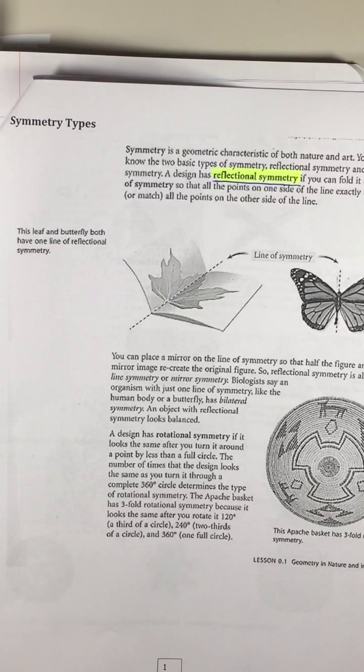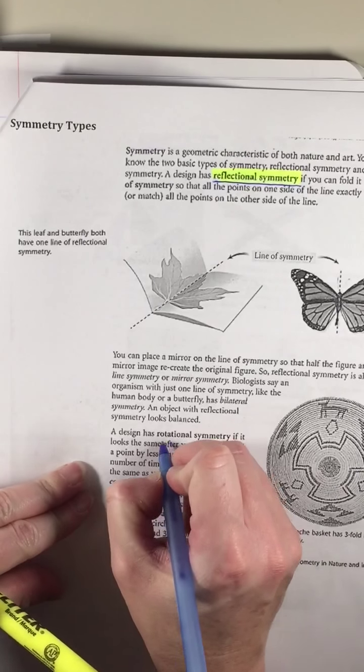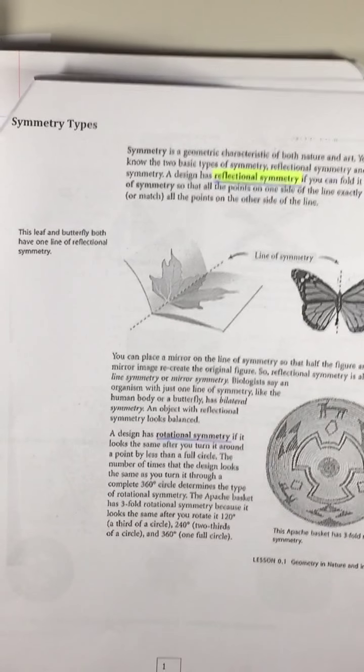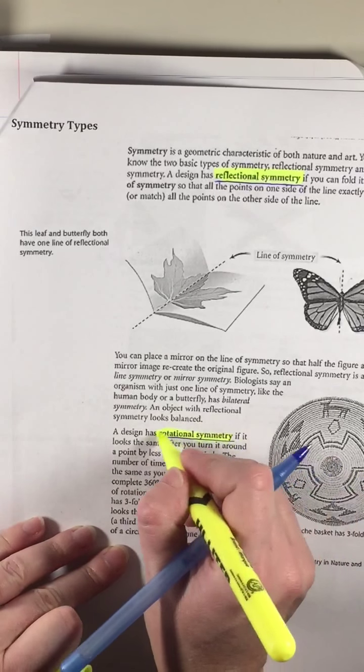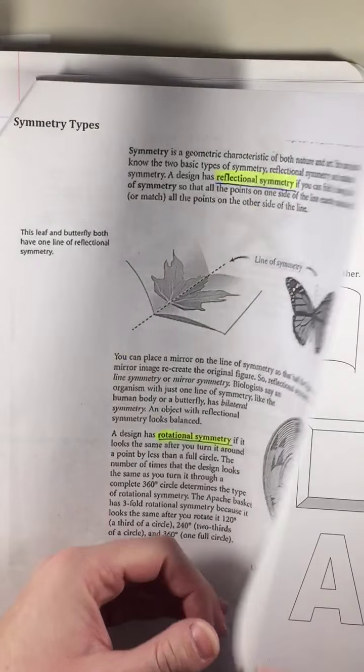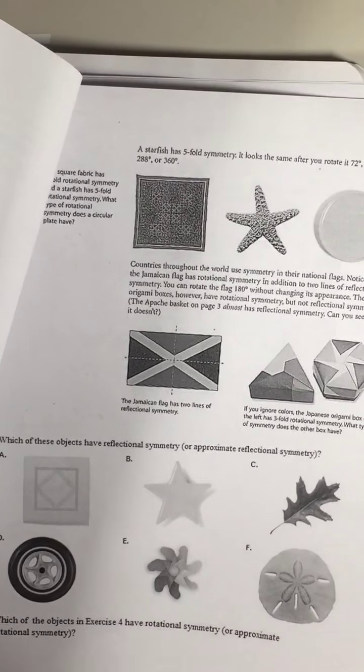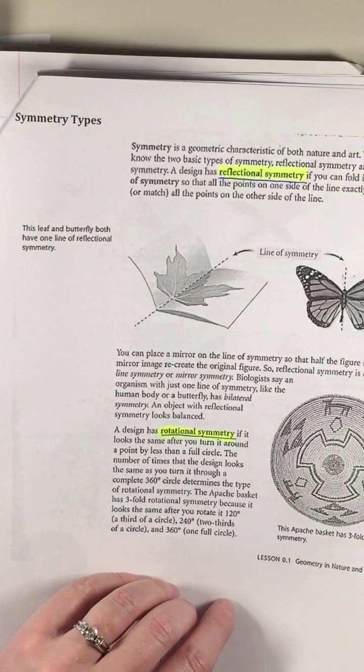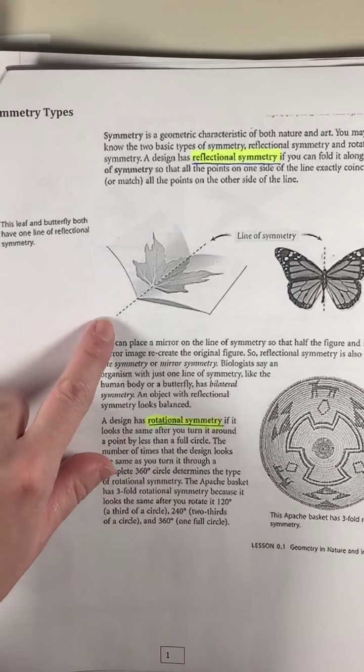And then there is rotational symmetry. So you guys are going to read through this, and then you're going to answer some questions. There's some nice pictures in here to show you where we have lines of symmetry.